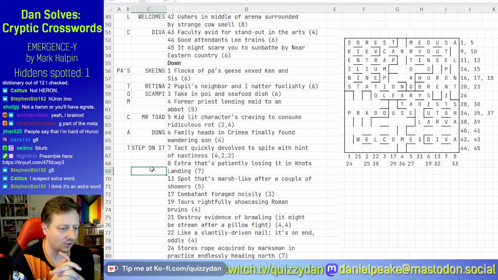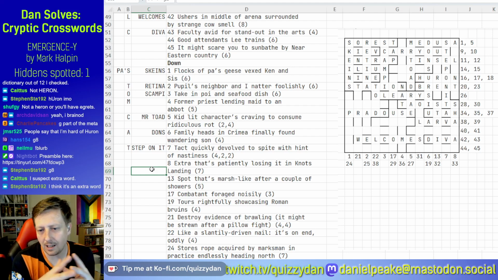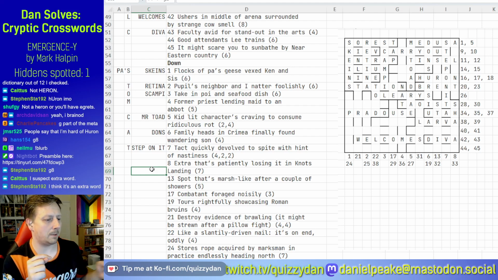That, or that is, could be IE. Patiently losing it could just be take IT out of patiently. In Knots Landing. Knots, if that was extra. In landing, that would be like alighting. Second letter of the word, please.